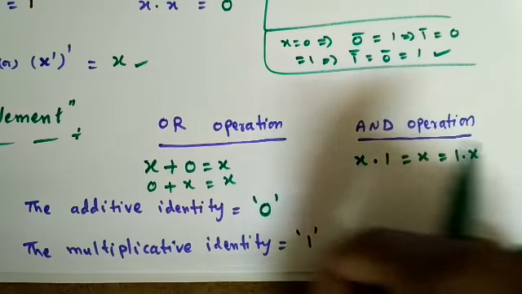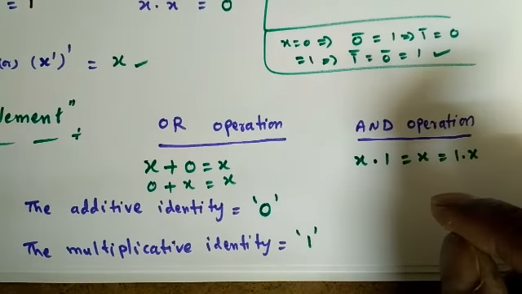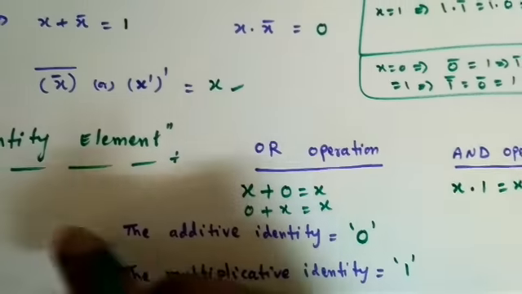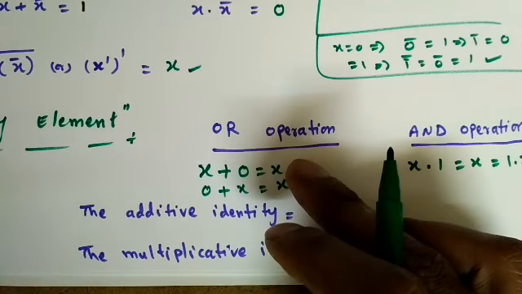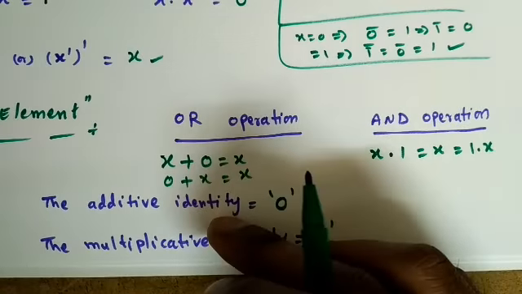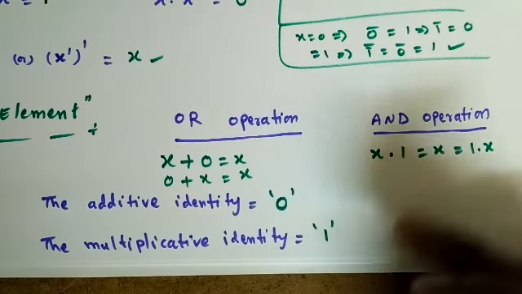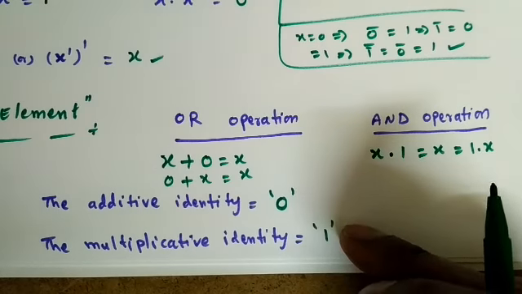There I think we have this property, so anyway we'll discuss it there. But you should remember what the identity element is and what operation it belongs to. For additive or OR operation it is 0, and for AND operation it is 1, right?